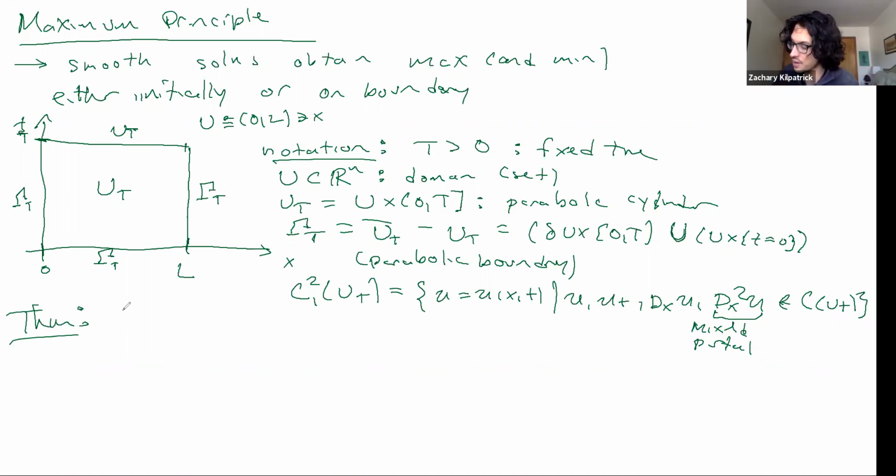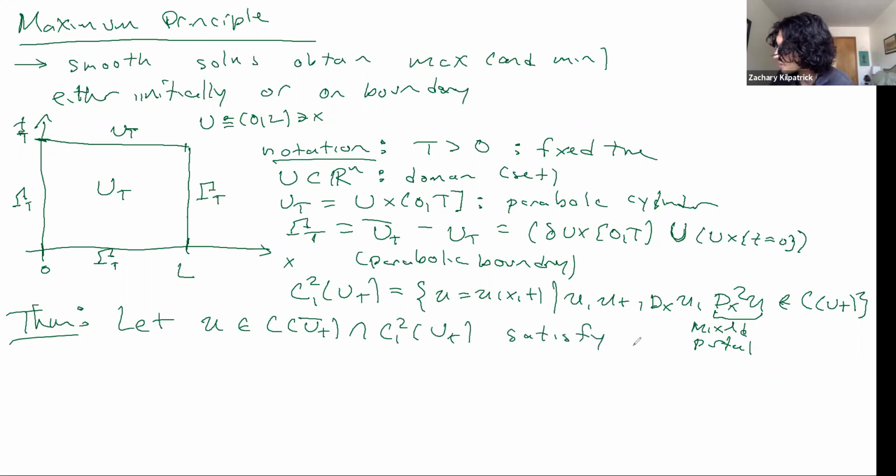so that first of all, it's in that set as well as being fully continuous on the closure of that set. And let's say it satisfies our heat equation, right?